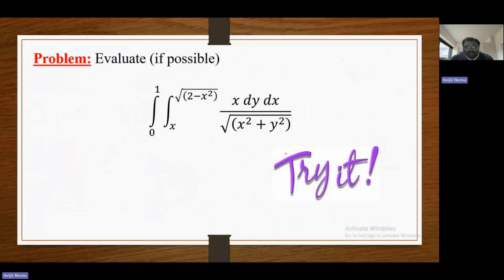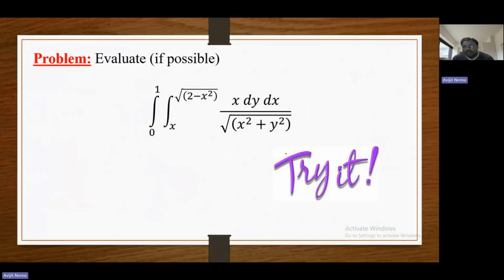Up to this, I hope you all have understood change of order of the integration and its advantages as well as disadvantages. The disadvantage is basically that we have to consider the change of region, and for that we have to draw the diagram, whereas in the straightforward or conventional method, we can find the double integration value without considering the diagram.